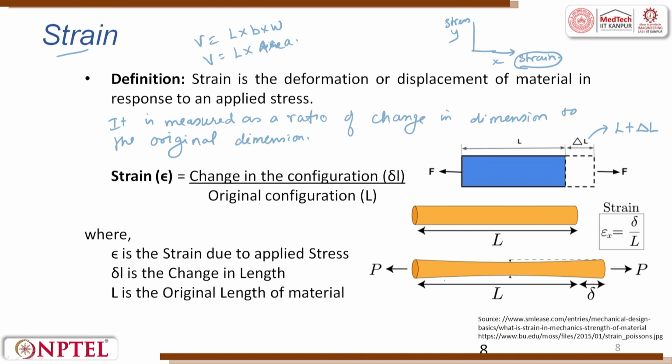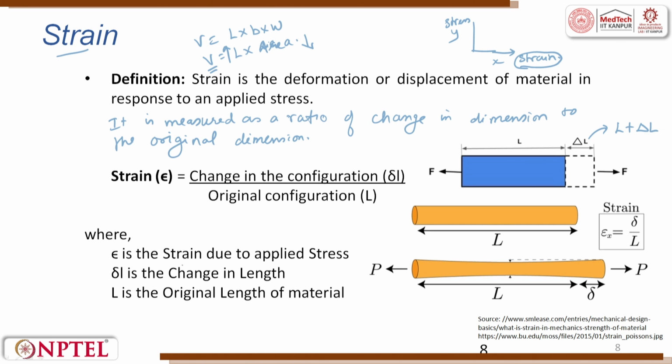When the length increases, the volume constancy is maintained, so the area has to decrease. The diameter is reducing, and whatever is getting reduced is extended by delta L. So, strain is nothing but delta L by L. This is change in the configuration to the original configuration.